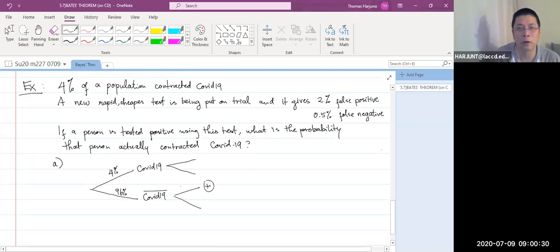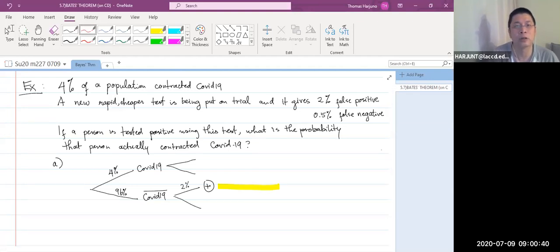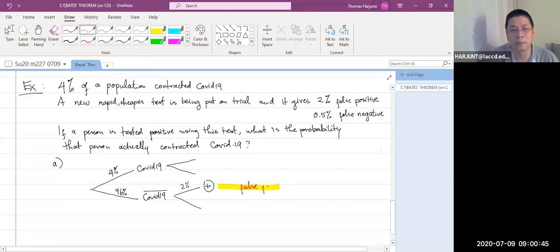This is false positive. It shows positive, but actually it's not right.